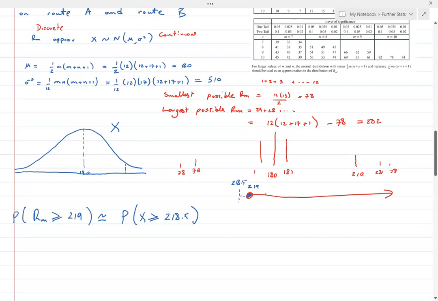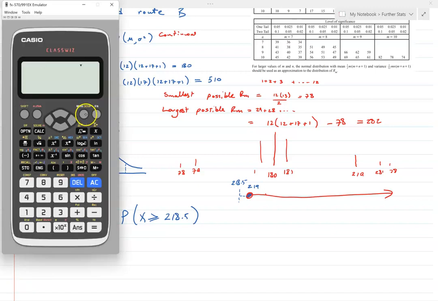And we can work that out on the calculator. So I'll just bring up the calculator now. So here we have it, menu 7, and we want Normal CD. The lower number is the number we've got. We want the probability of it being greater than or equal to 218.5. The upper number, because we're dealing with the normal distribution, is some unlikely large number.